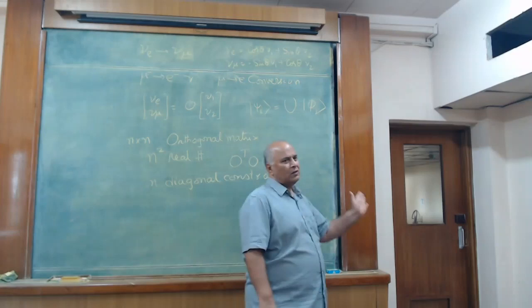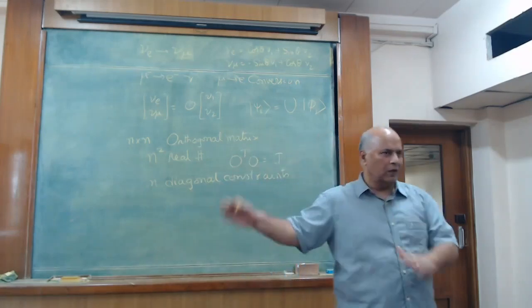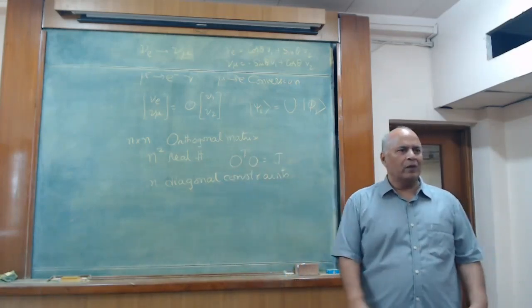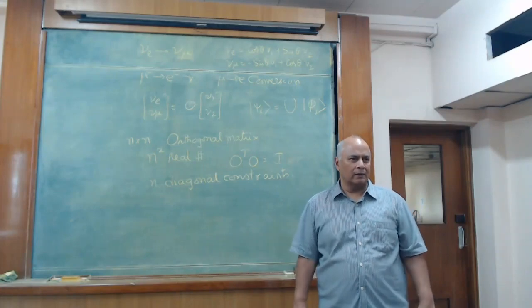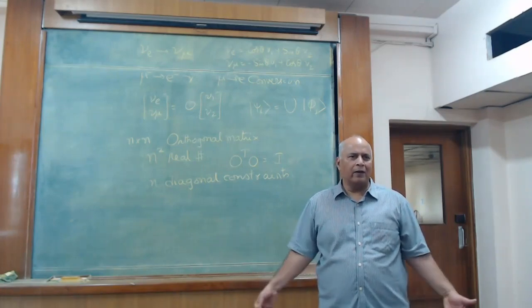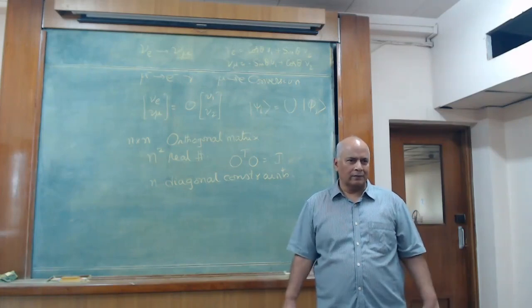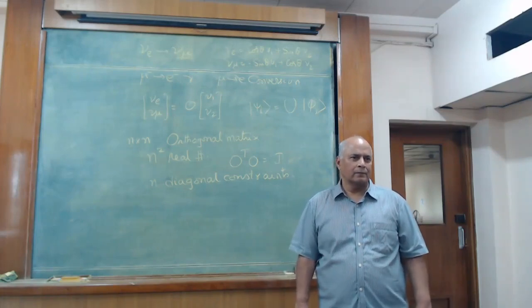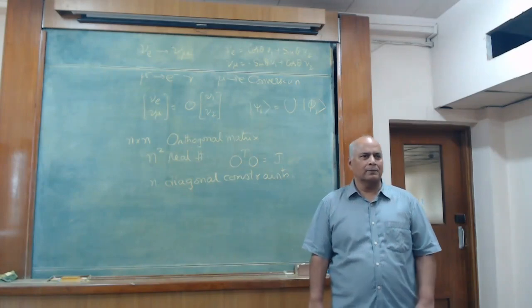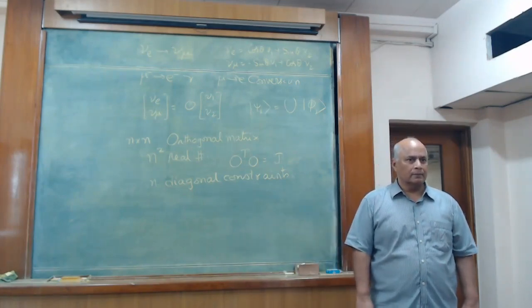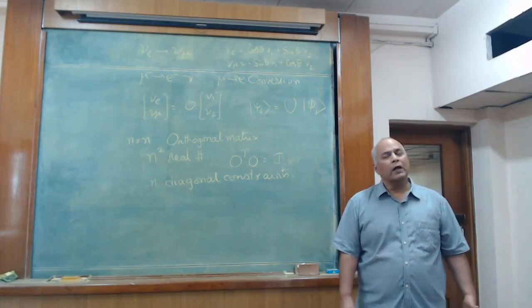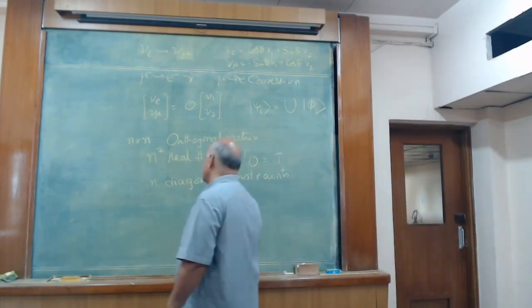The diagonal elements are all equal to 1, so there are n such constraints. And how many independent off-diagonal constraints are there? n squared minus n by 2.